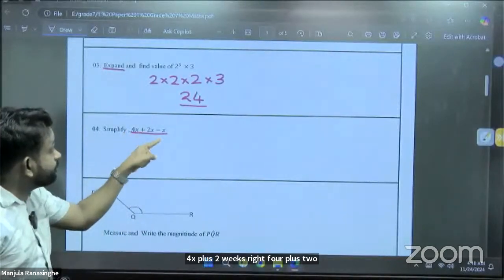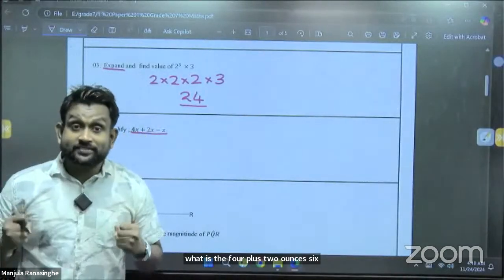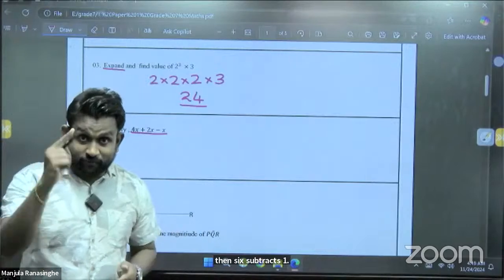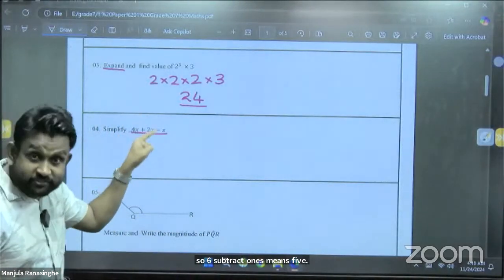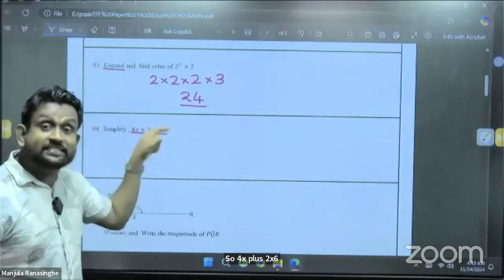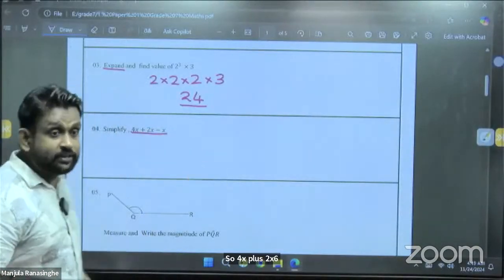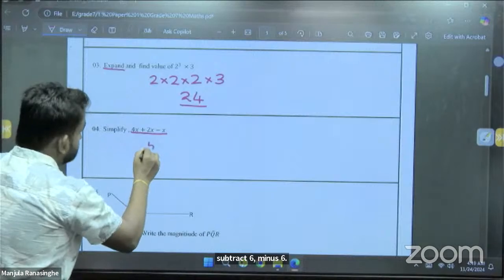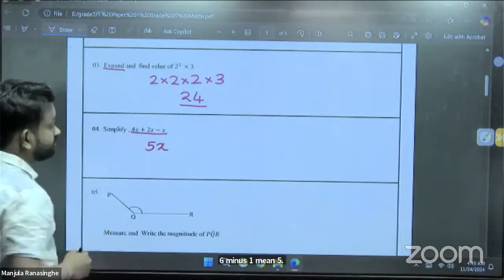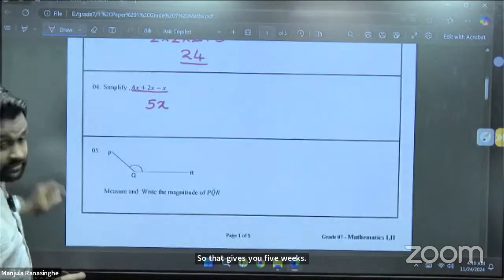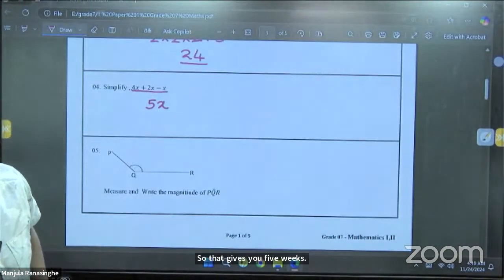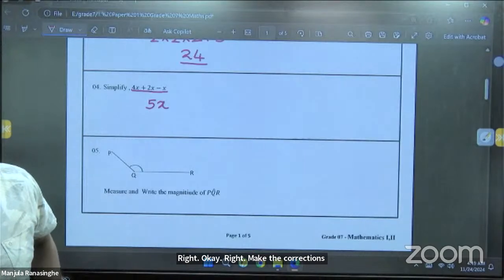Then 6 subtract 1, which means 5. So 4x plus 2x is 6x, and 6x minus x gives you 5x. Right. Make the corrections here.